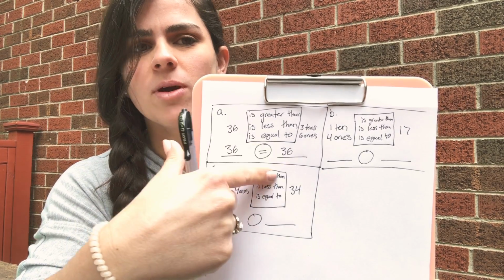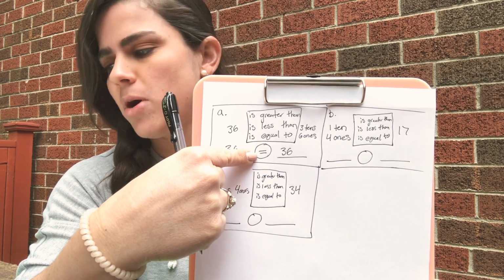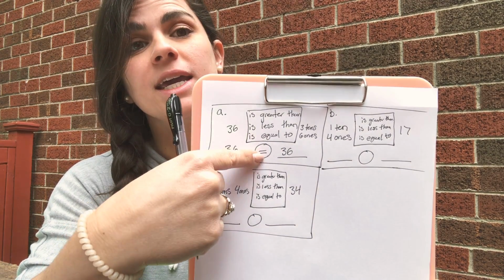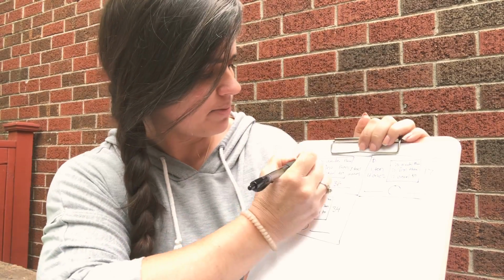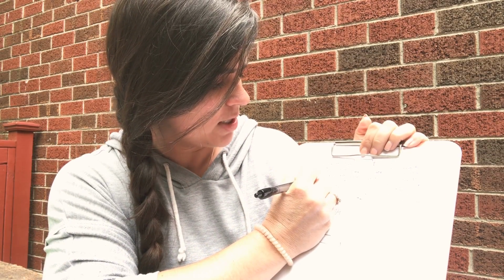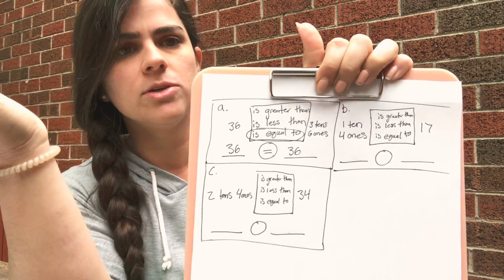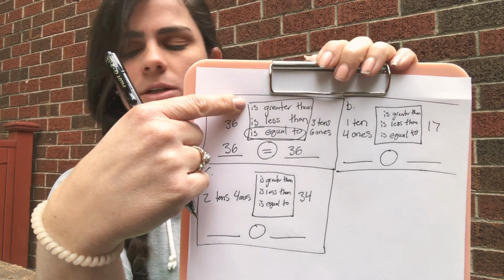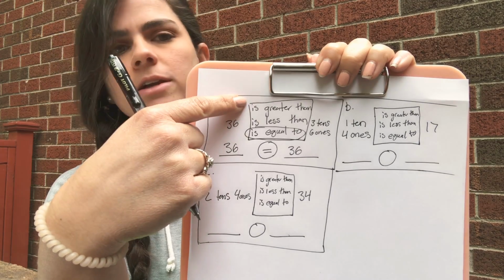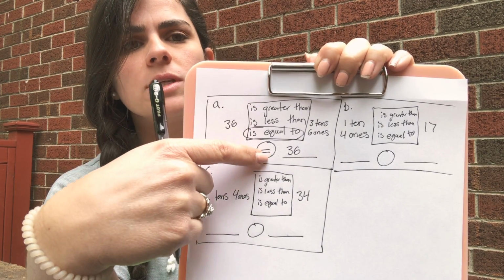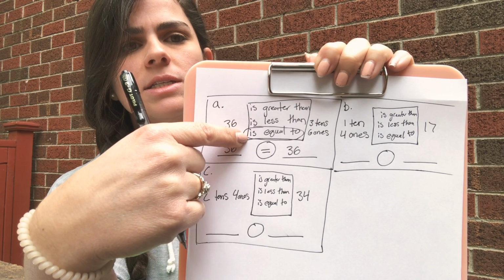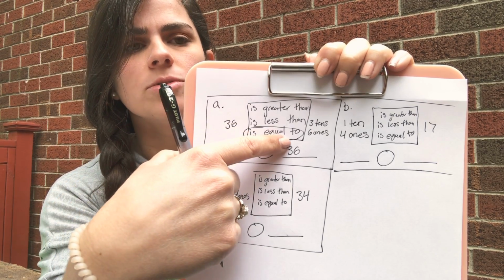So this problem, they did it ahead of time on your problem set. It's equal to. So now I need to just find my sentence. My words that go with it is equal to. So in your boxes, you'll see each one starts with is greater than, is less than, and then is equal to. So if you use the equal symbol, you're choosing the sentence stem is equal to.